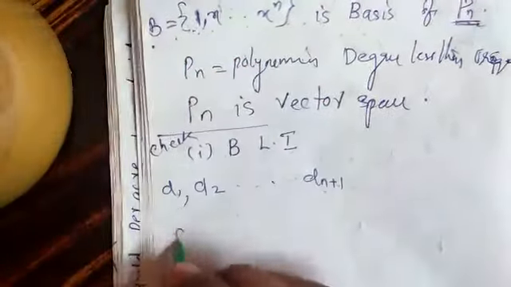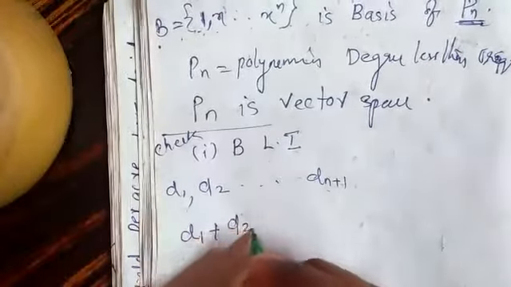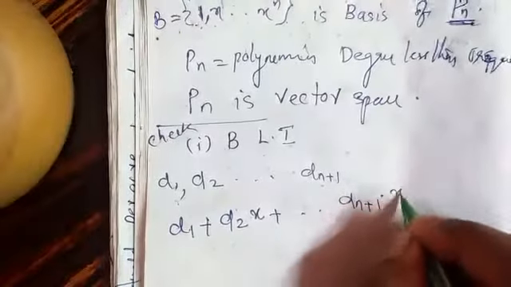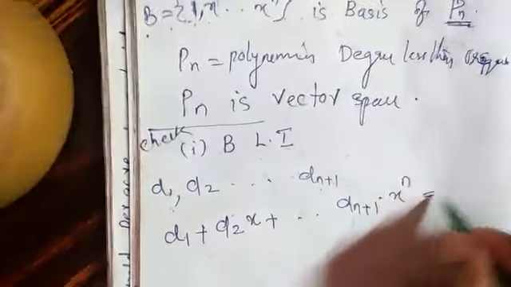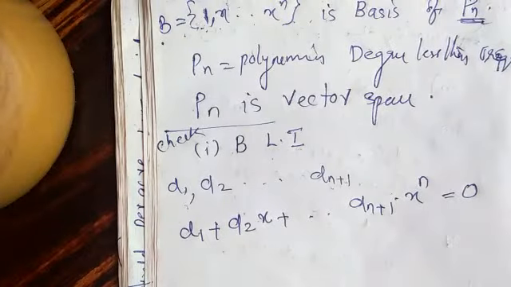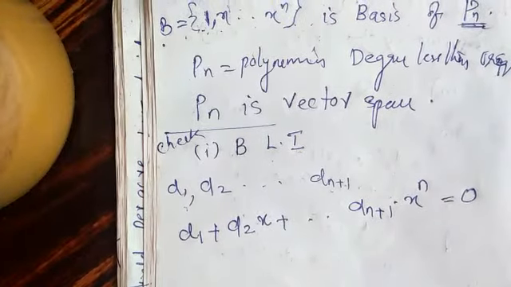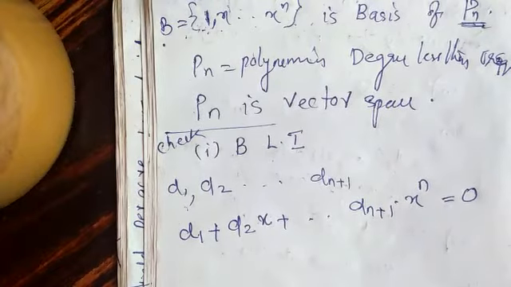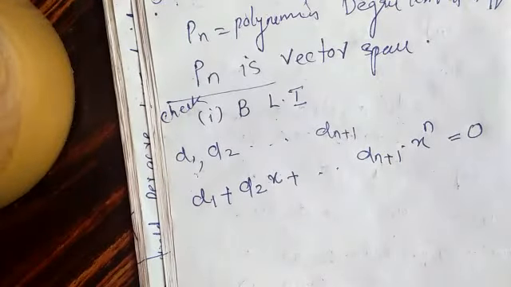And write down the linear combination of 1, x, etc., xⁿ: alpha 1 into 1 plus alpha 2 into x plus etc., alpha n plus 1 into xⁿ, and equate to 0.